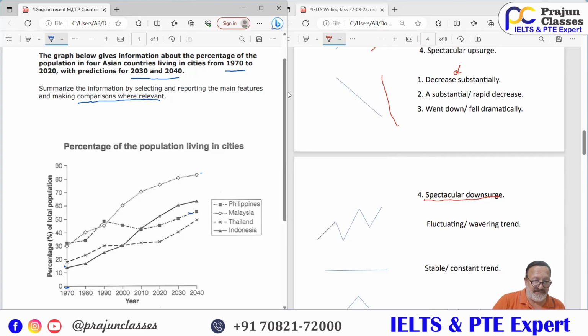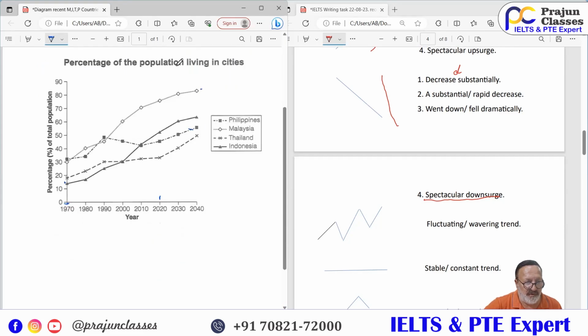It will be past up to 2020, and after 2020 we are going to write in future. So if years are mentioned, we have to use the past, and normally we get questions which have years mentioned. So normally we use past vocabulary.